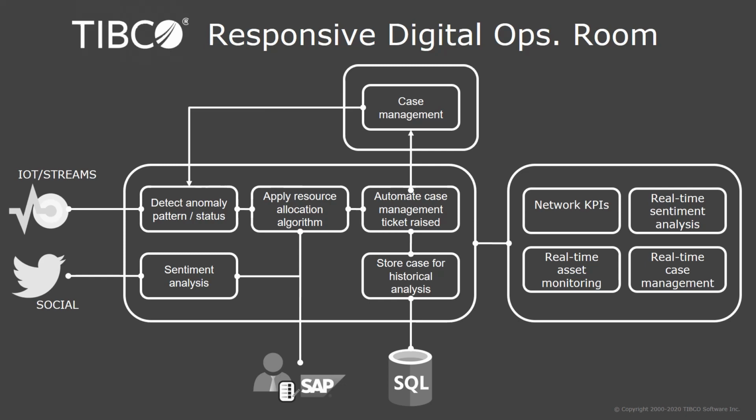Once he fixes or resolves the issue, he can just send back the close of the case, which will flow back to the main event flow, and based on that we again change the status of the resource to available, and then we capture his location, etc. So that's how we use this IoT stream data.